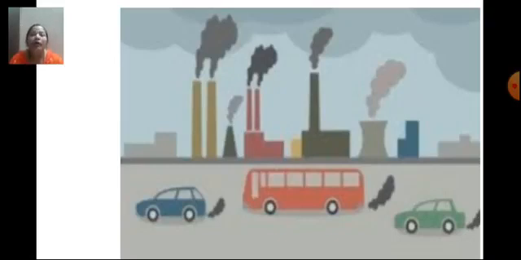So children, what do we have to do? Yes, we have to take steps to reduce the pollution of air. How can we do that? Instead of using private vehicles, we can go for carpools. Carpool means 2 or 3 people going to the same destination or a nearby place share the same vehicle.